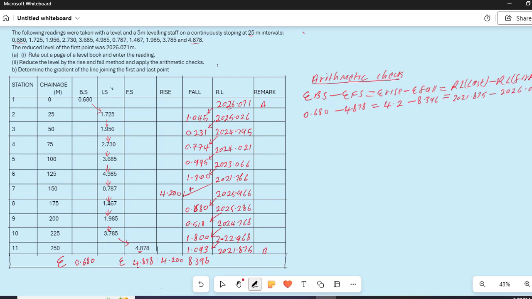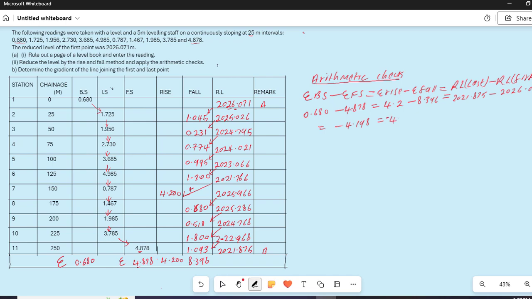So let me see what I'll get. 0.680 minus 4.878 gives me negative 4.198. Then 4.2 minus 8.396 gives me negative 4.196.